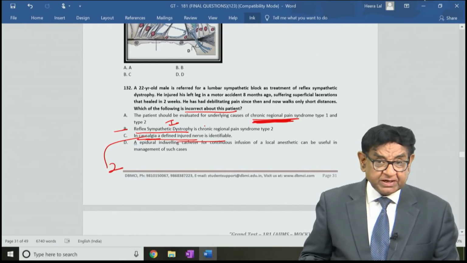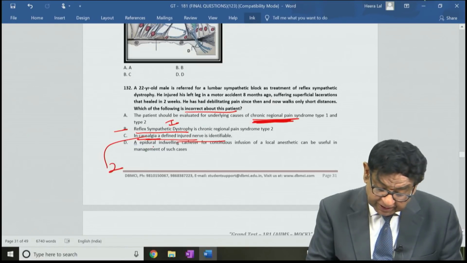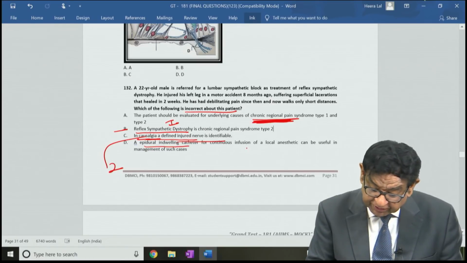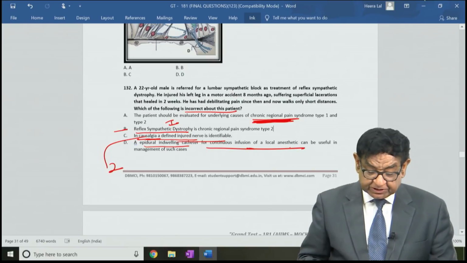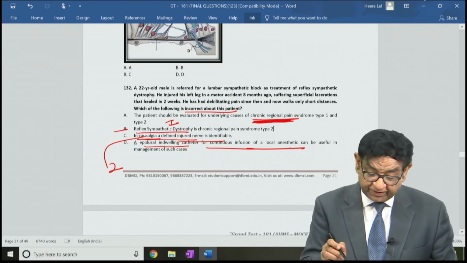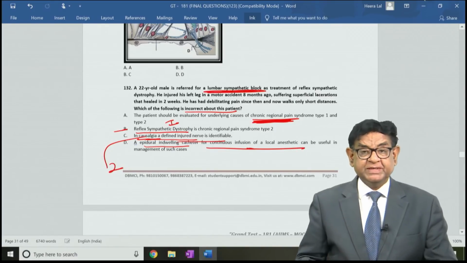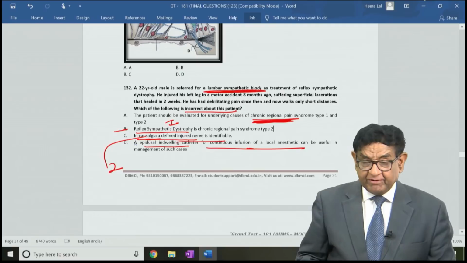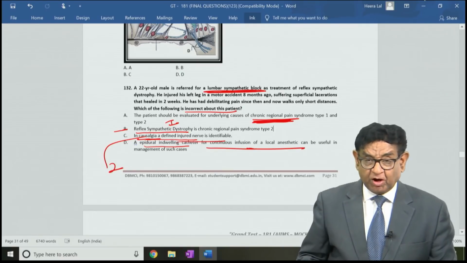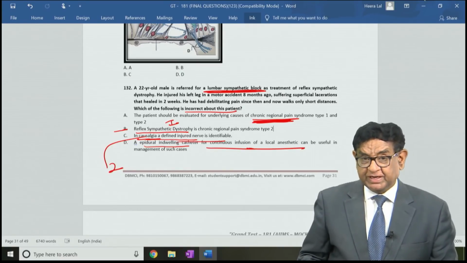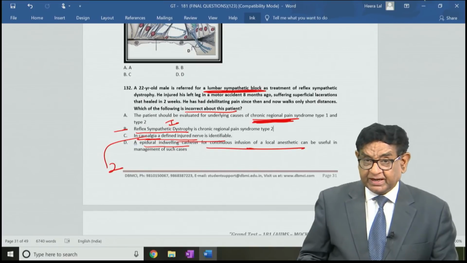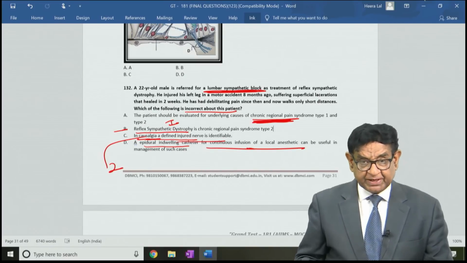Here the best treatment is an epidural indwelling catheter for continuous infusion of local anesthesia. In fact, this patient has already come for this only. A clue has already been given in the question that we have a patient who has come with a regional sympathetic block. So what type is this? So we are dealing with type 1, where we have to give a block as the main treatment.